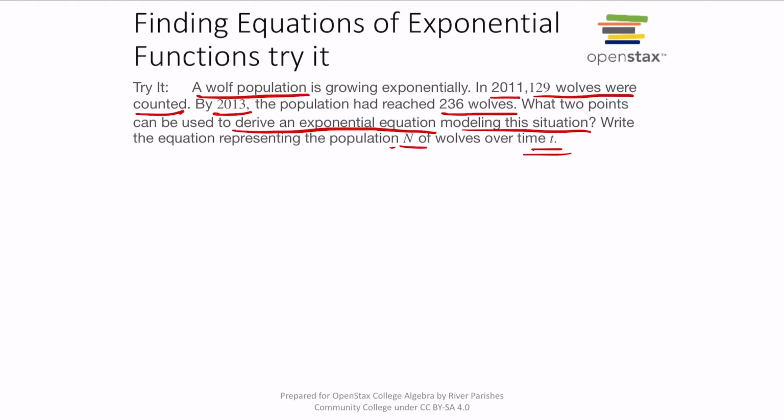So here you can consider that this value is the initial value. So this is the a value. Notice that we are starting at 2011 and this is 2013. So f(2) is given, which is 236. So use both values now and try to determine the answer for the problem.